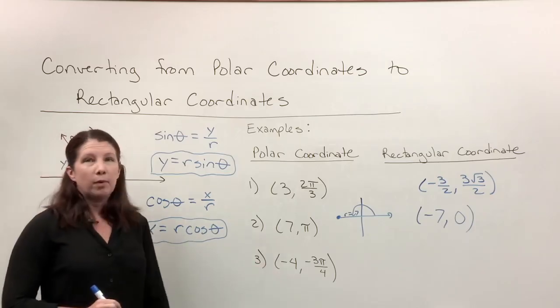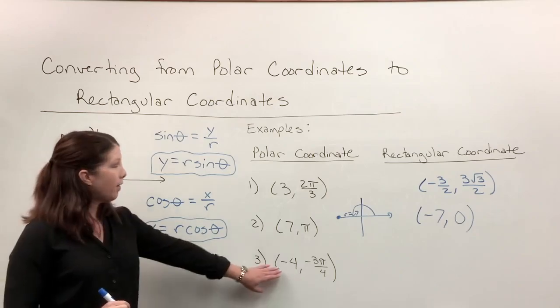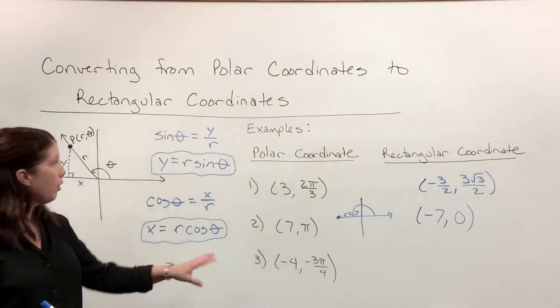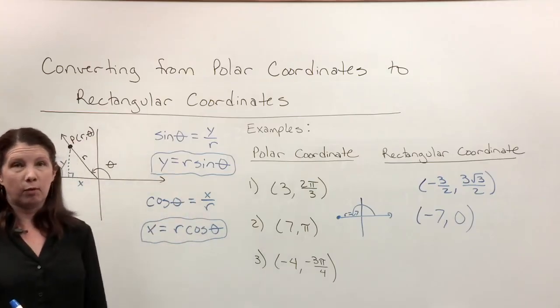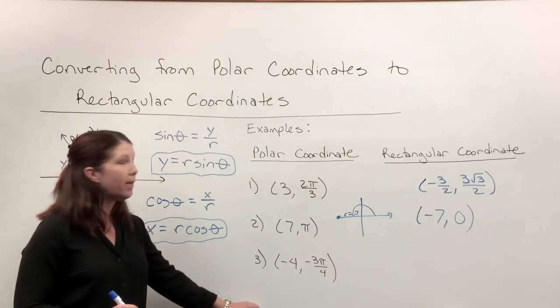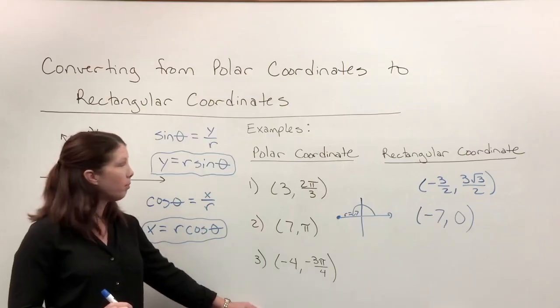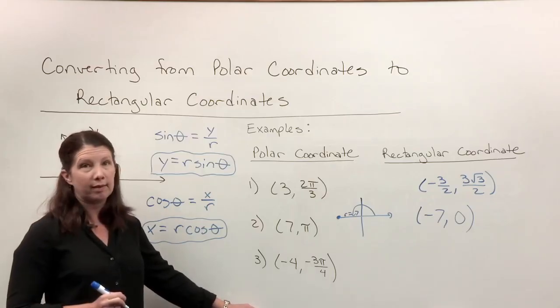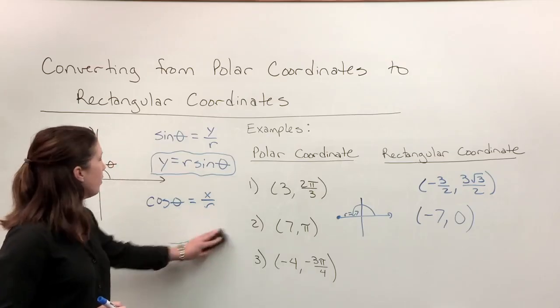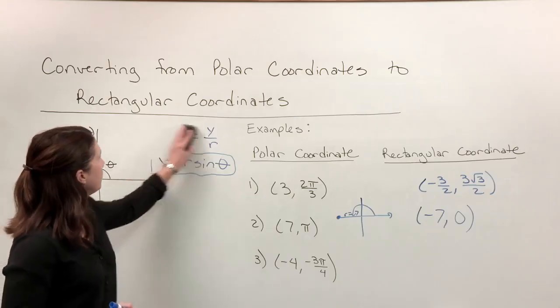In our third example, the first thing I see is that I have a negative value for r and a negative value for theta. While I could just take these and substitute them into the formula as they are, one way that we might make this easier is to rename this using a different representation as we did in previous examples. So let's think about where negative 4, negative 3 pi over 4 would be.